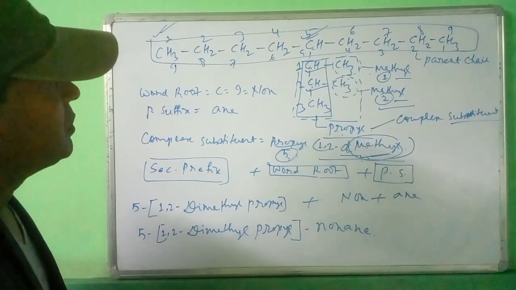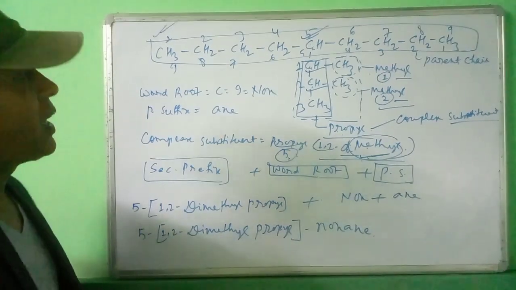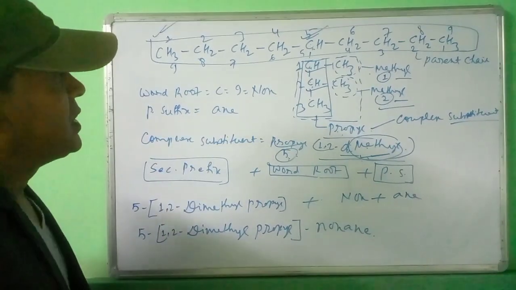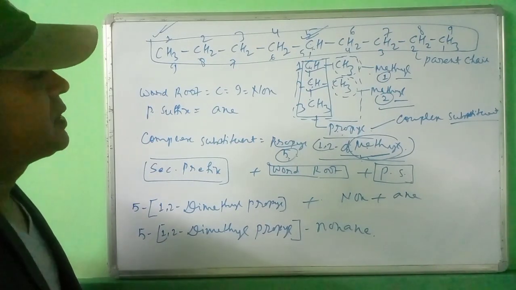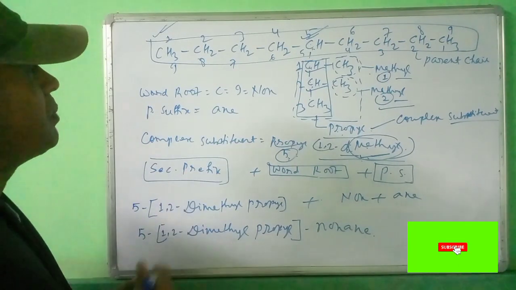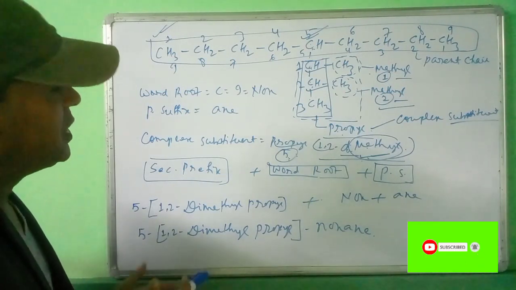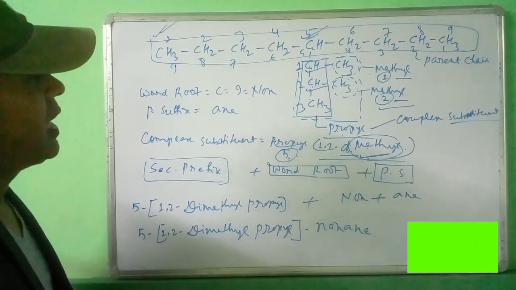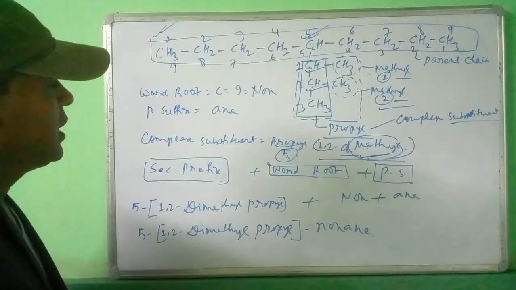Okay, for different examples, you need more practice if you want to write the IUPAC name of a compound having complex substituents. Practice different compounds, then you can easily write the IUPAC name of the given organic compound, an alkane having a branching chain, 1 branching, 2 branching. Okay, so this way.